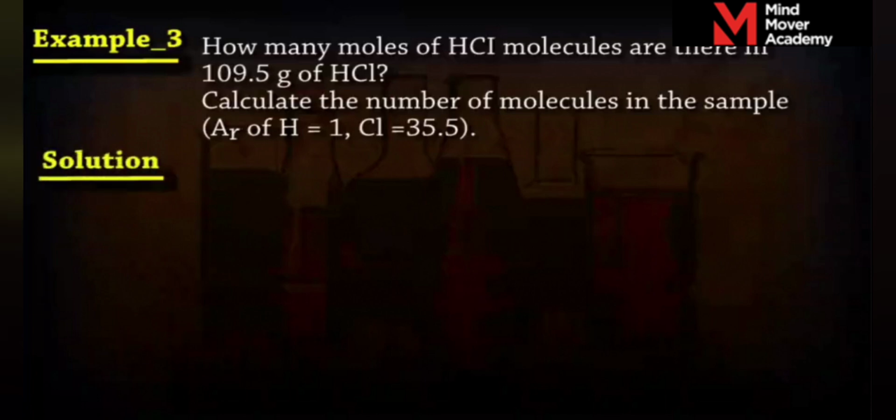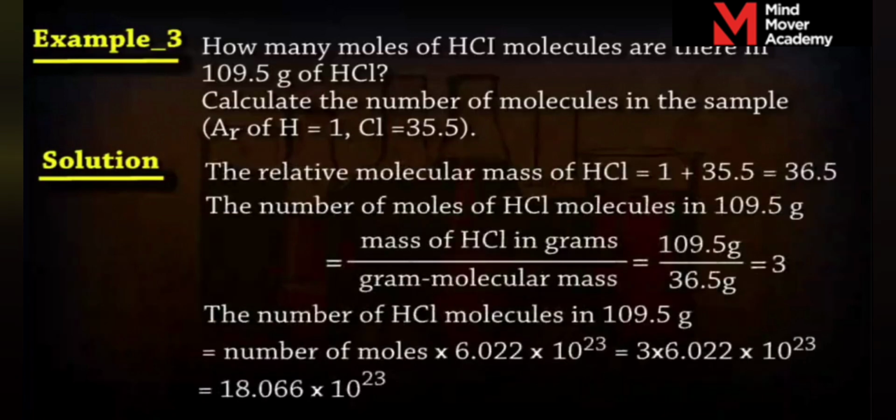Solution. The relative molecular mass of HCl is equal to 1 plus 35.5, which is 36.5. The number of moles of HCl molecules in 109.5 grams is equal to the mass of HCl in grams divided by the gram molecular mass, which is 109.5 grams divided by 36.5 grams, which is equal to 3.